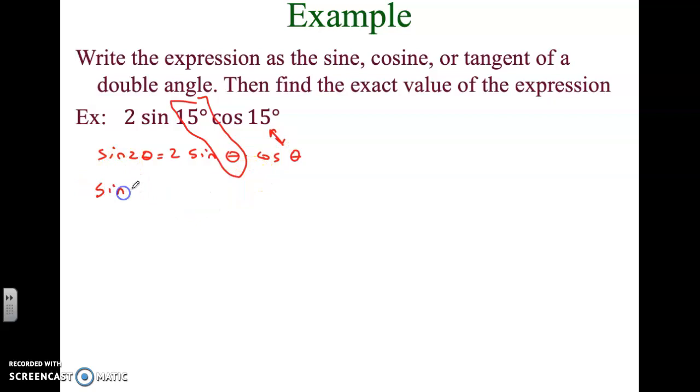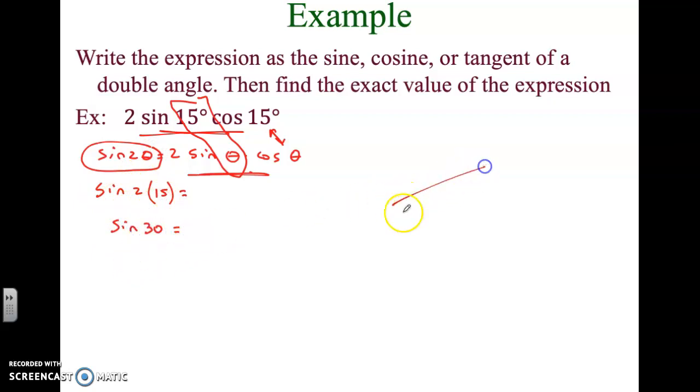Therefore, sine of 2 theta means 2 times 15. So my answer to this is sine of 2 times 15, which is the same as sine of 30 degrees.